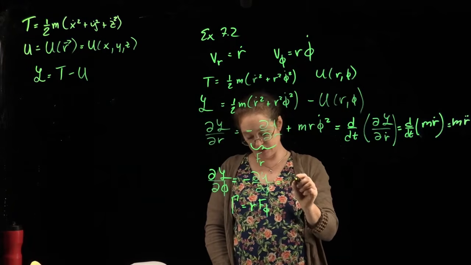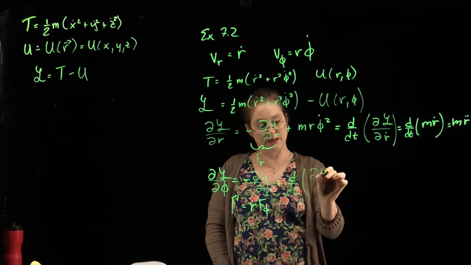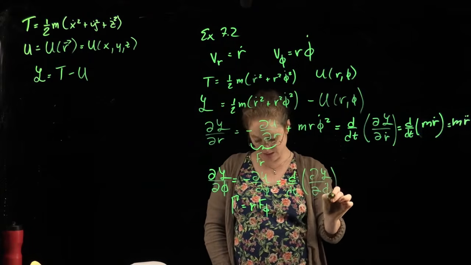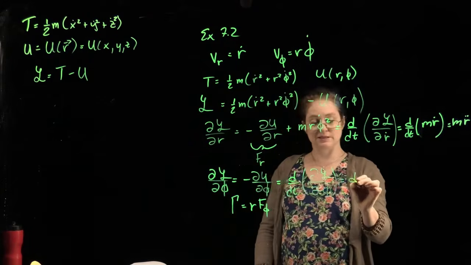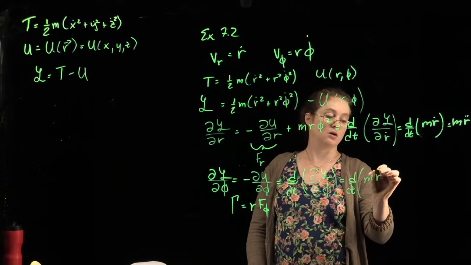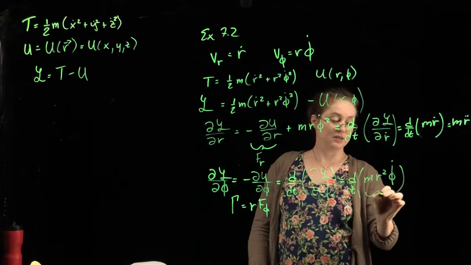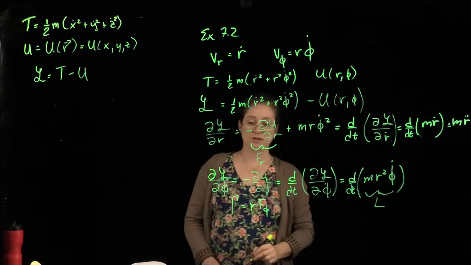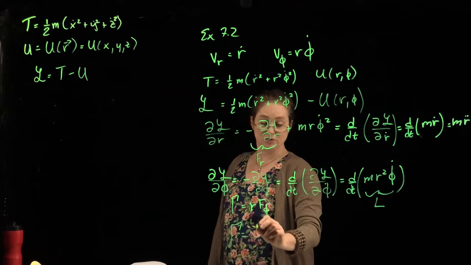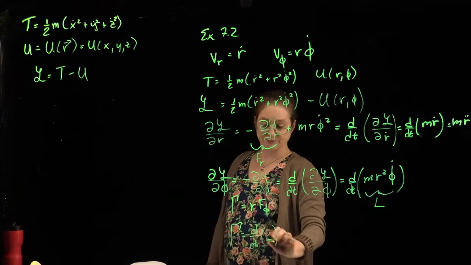And this is equal to d/dt of partial L partial phi dot. So this is d/dt of m r squared phi dot. Now this is just the angular momentum. So this says that the torque is equal to the time derivative of the angular momentum.